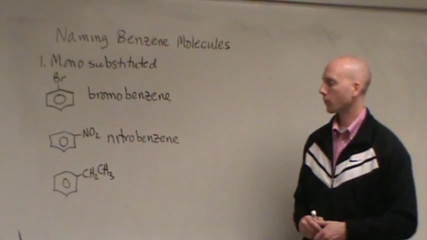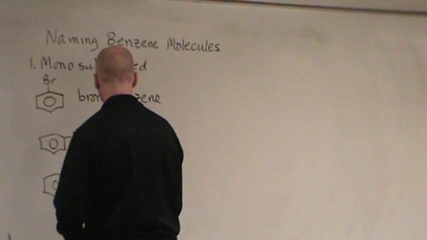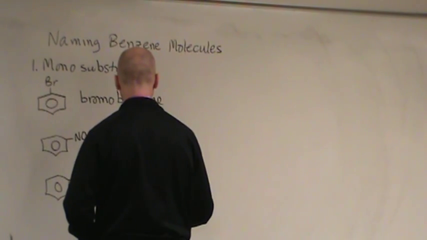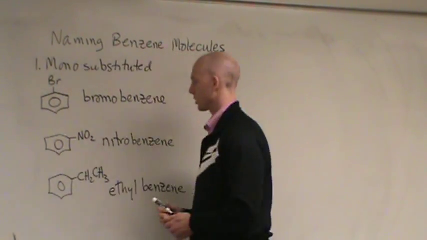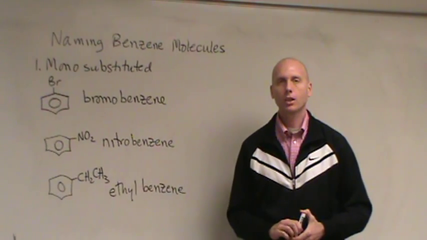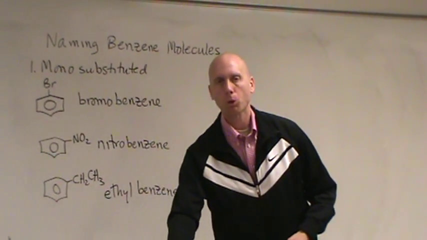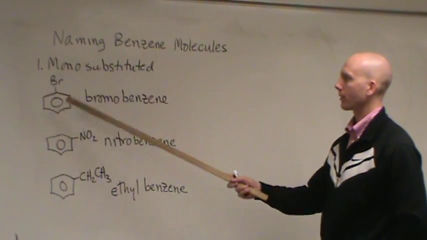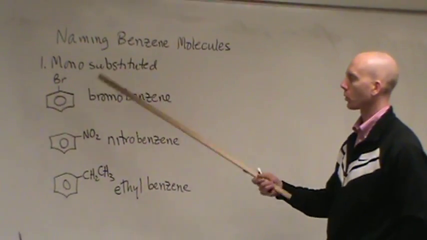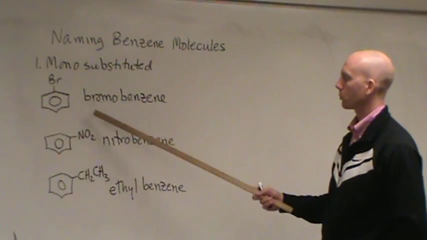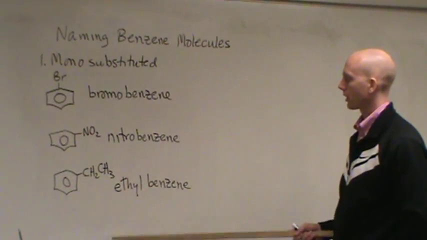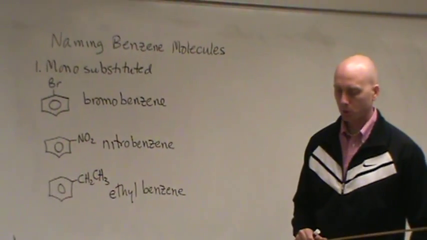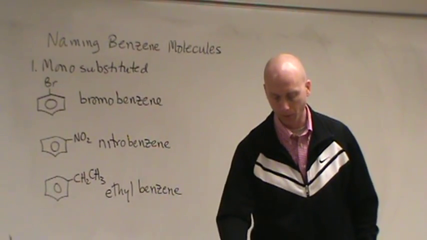You can have an ethyl group on there, and so have ethylbenzene. So these are ones just to get us warmed up with. Up here with the bromobenzene, we can have the other halogens, so you could have fluorobenzene, chlorobenzene, iodobenzene, and so forth. Okay? So these are the easiest monosubstituted groups to become familiar with.